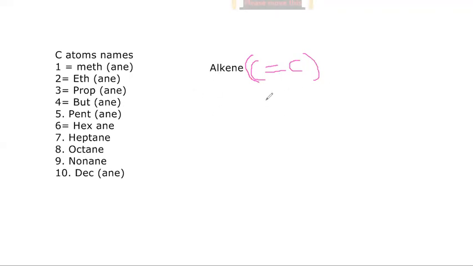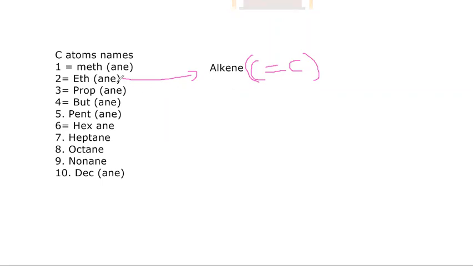The first basic molecule in this nomenclature has two carbon atoms, because there is no possibility for a single carbon atom to have a double bond. So the alkene series starts with ethene, the first molecule which belongs to the alkene group.